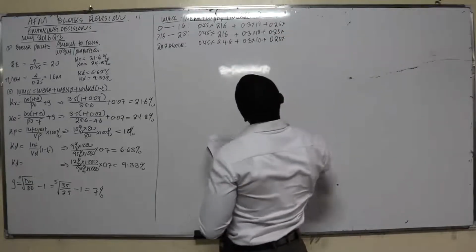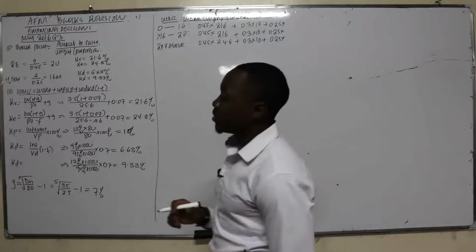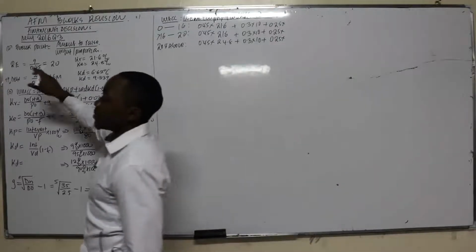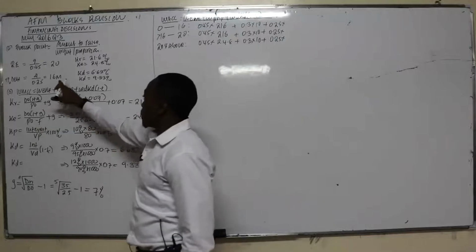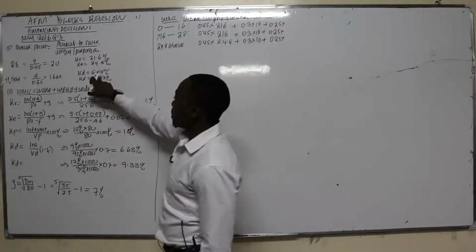Then you multiply by the cost of the debt. The cost of the debt will be guided by the breakpoint, which is 16. Anything between 0 to 16, the rate will be 6.63.